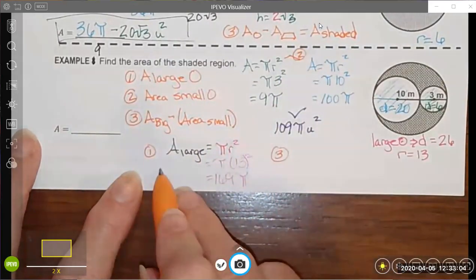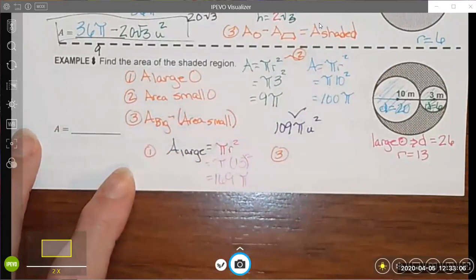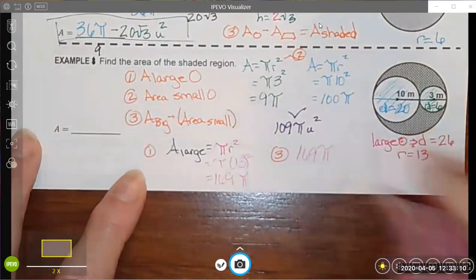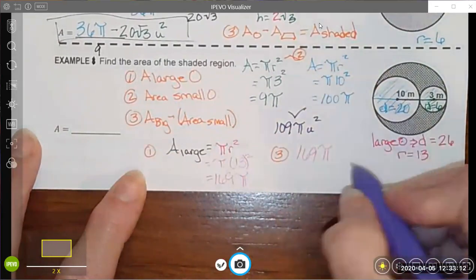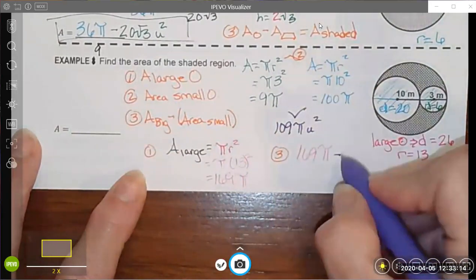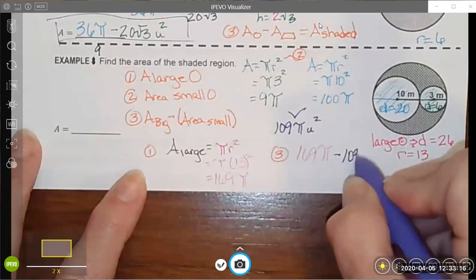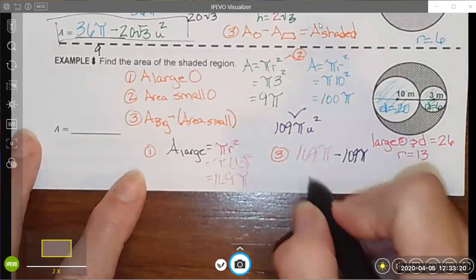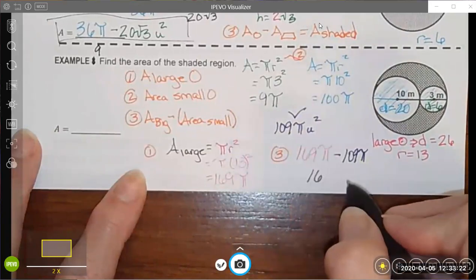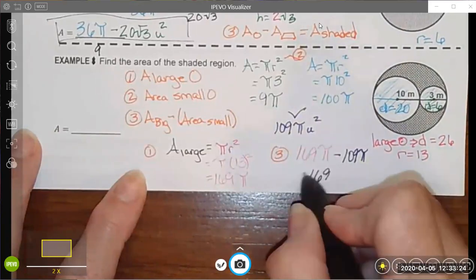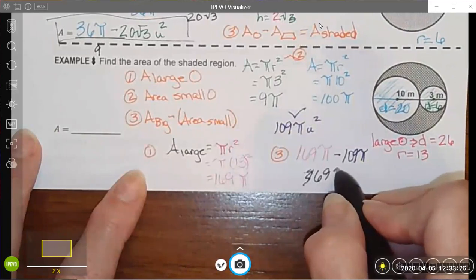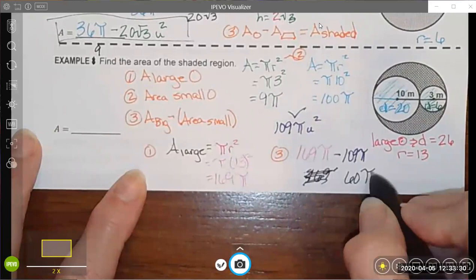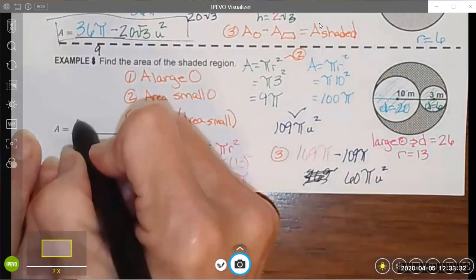Step 3 is to take the area of my big circle, which was 169 pi, and subtract from that the area of my smaller circles combined, and I end up with a final answer of 60, oh, good Lord, I can't subtract, 60 pi units squared.